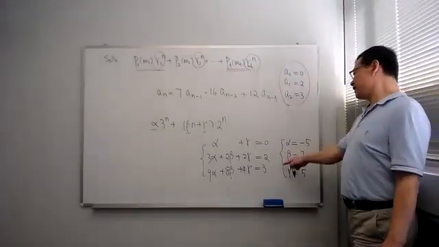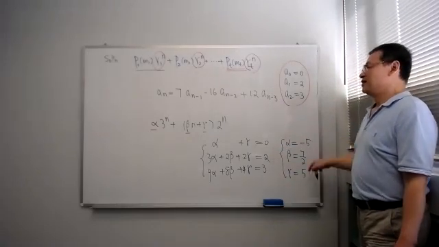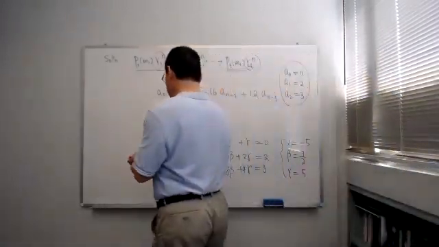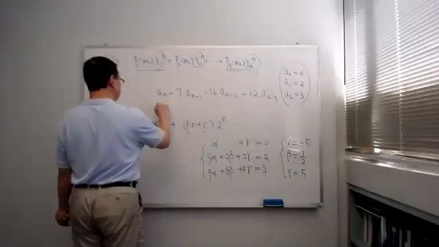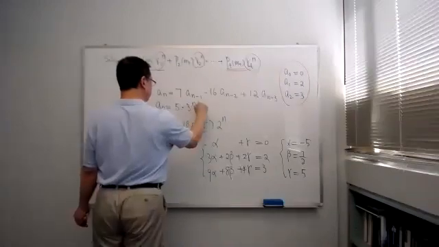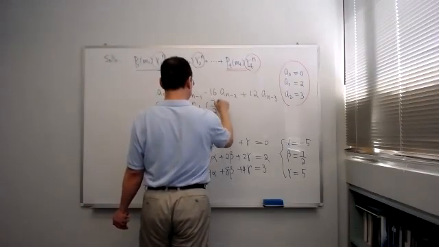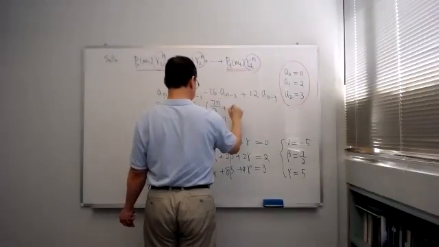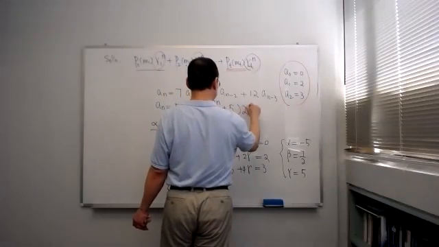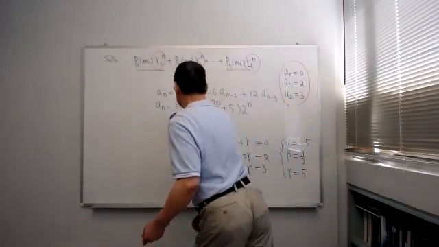So by solving this system of linear equations, that's what we get. The final answer will be a_n equals 5 times b_n plus something. So we obtain this one as our solution.